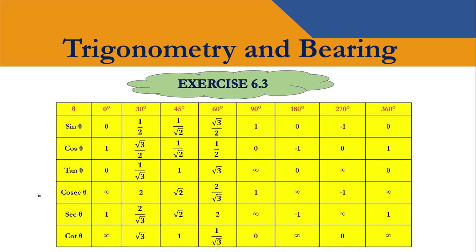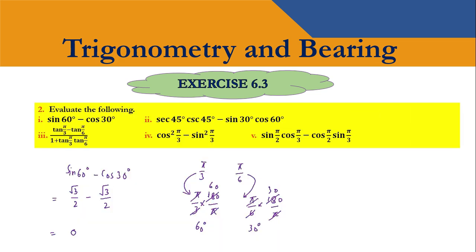So here is the table. Tan 30 degree is equal to 1 over under root 3 and tan 60 degree is equal to under root 3. Now putting these values in this expression, tan pi by 3 minus tan pi by 6, divided by 1 plus tan pi by 3 into tan pi by 6.